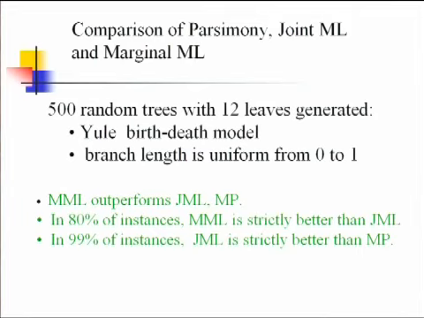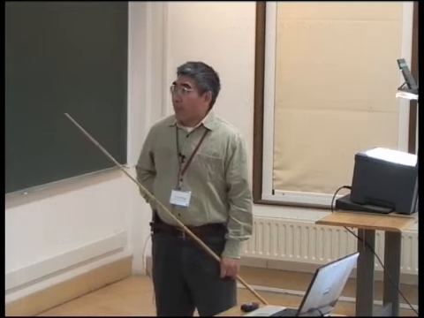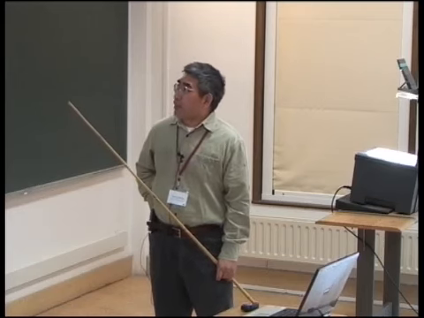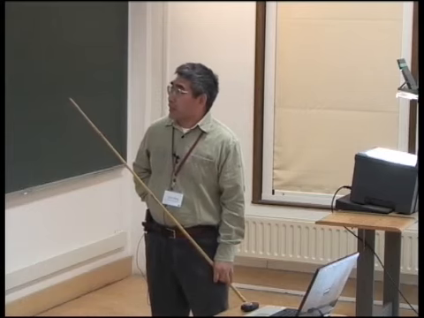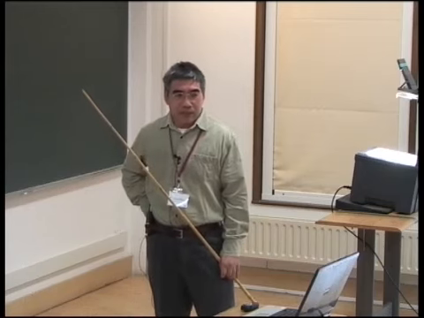It outperforms the other two methods. On 80% of the instances, the marginal maximal likelihood is strictly better than the joint maximal likelihood. This is the observation.